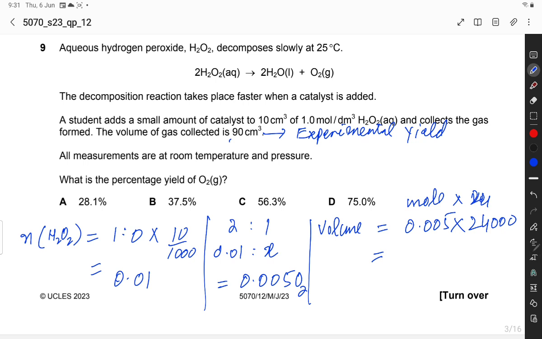So 0.005 times 24,000 is equal to 120 cm3. So this is the theoretical yield.